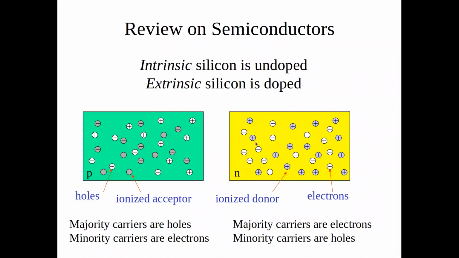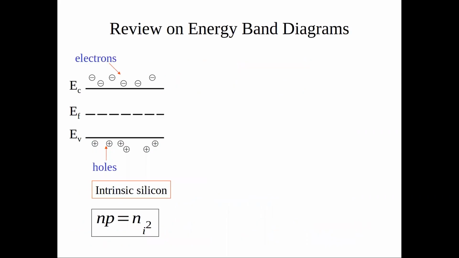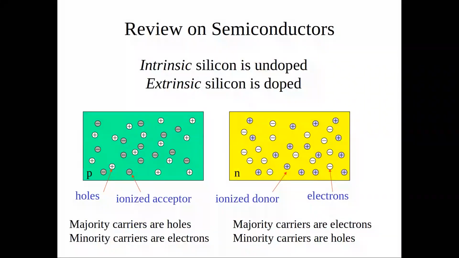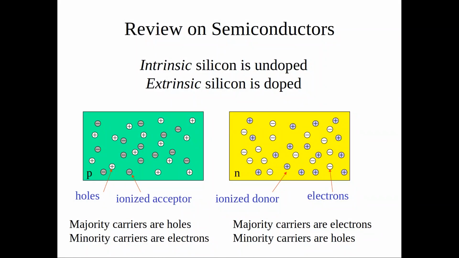So once you have this, we can look at energy band diagrams. By looking at materials, you know that insulators have a very large energy gap between the valence and conduction band. Metals have it overlapping, and semiconductors have a little gap between the valence and the conduction band.